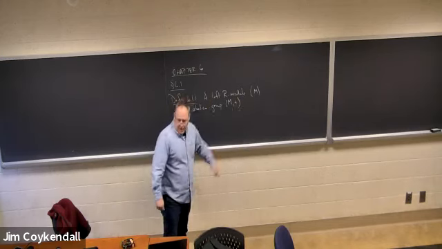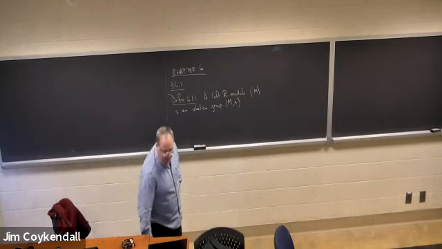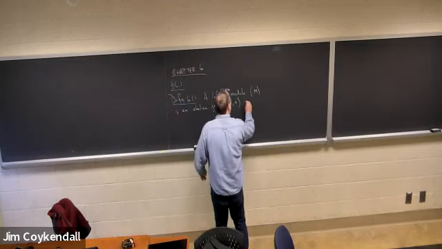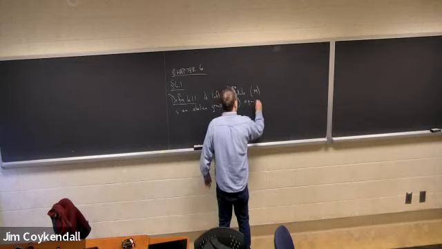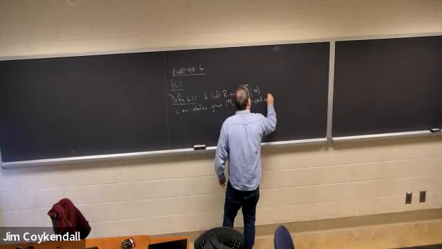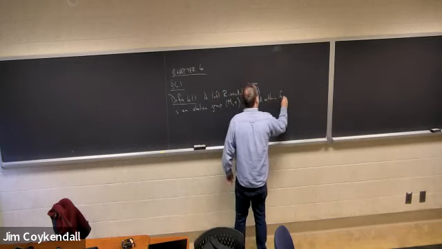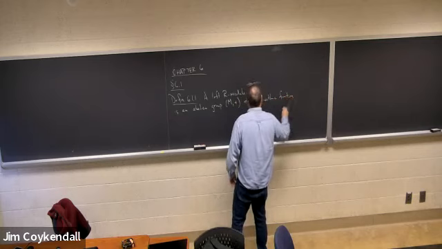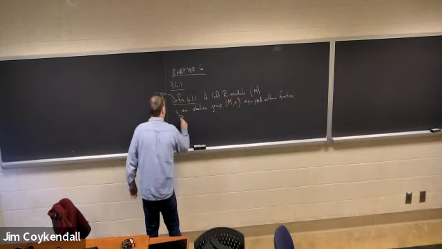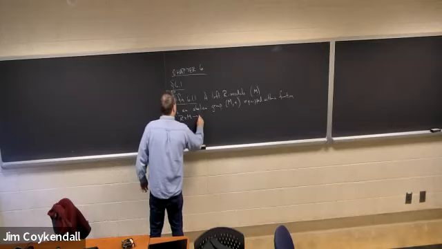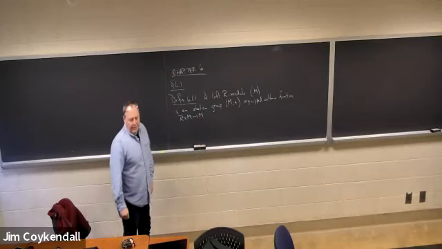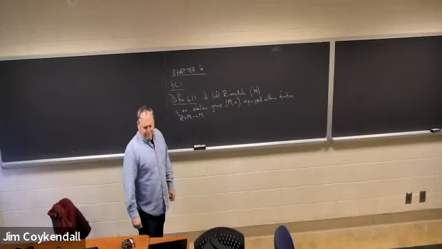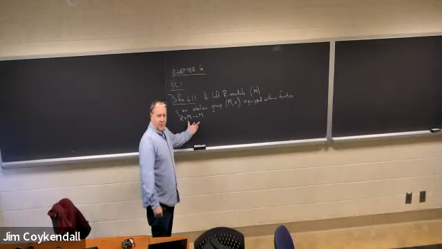Okay, so this should be a familiar old friend, equipped with a function R cross M to M. This is just a fancy way of saying our scalar multiplication, right?